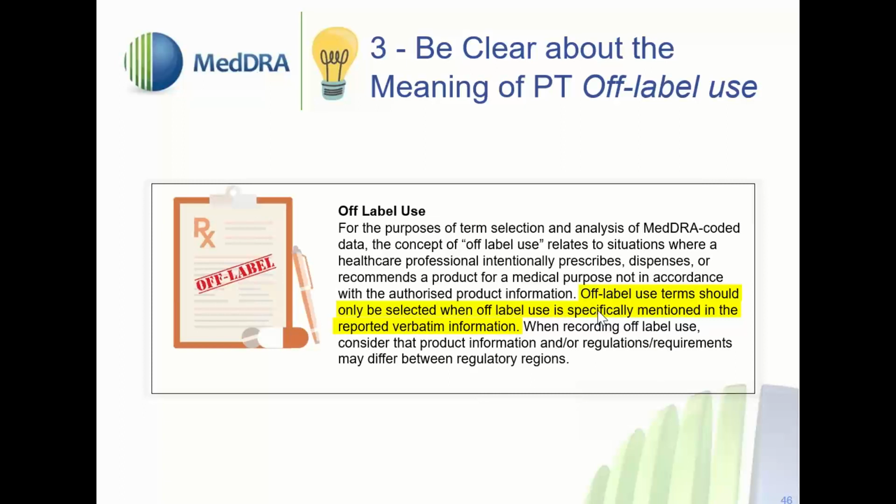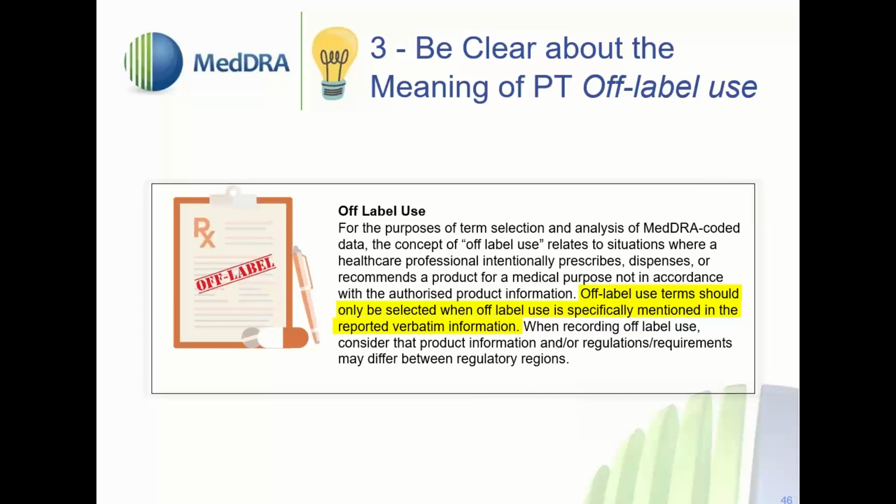As you can see in my slide, the highlighted sentence added in the PTC release 4.23 is copied from the points to consider companion document release 2.0. So as a coder, off-label use terms should only be selected when off-label use is specifically mentioned in the reported verbatim. Coders should not take this decision when only the three criteria are met because it needs more specific product knowledge and information about the country of origin of the reported case, right?